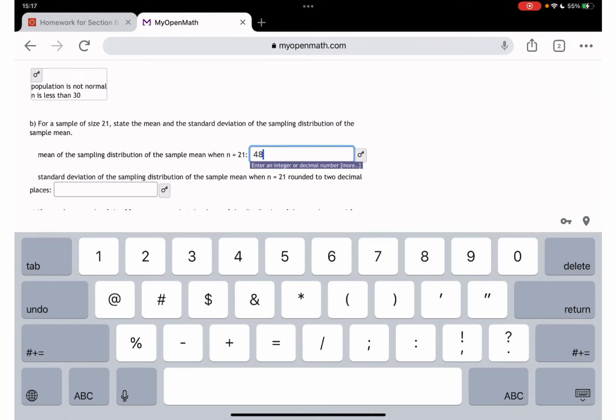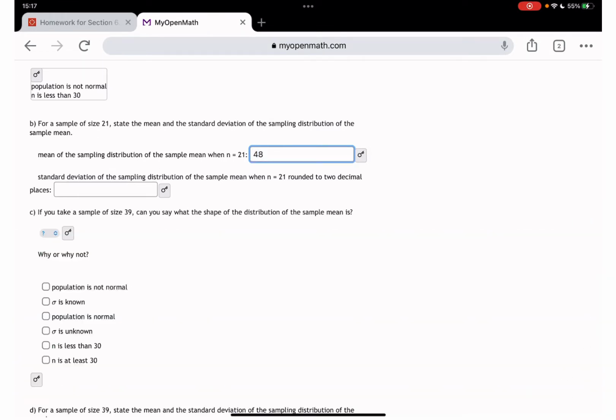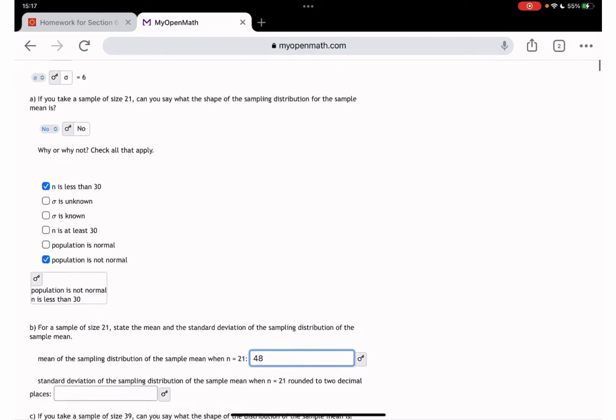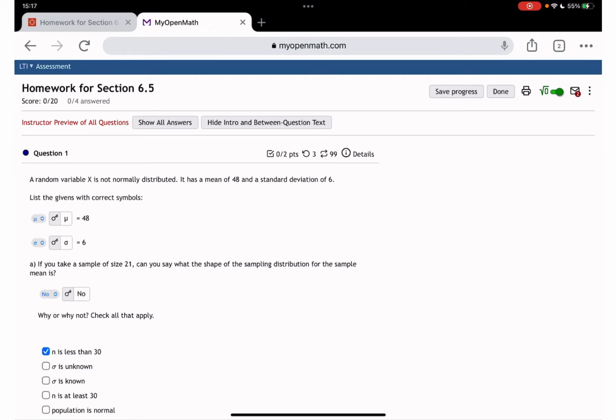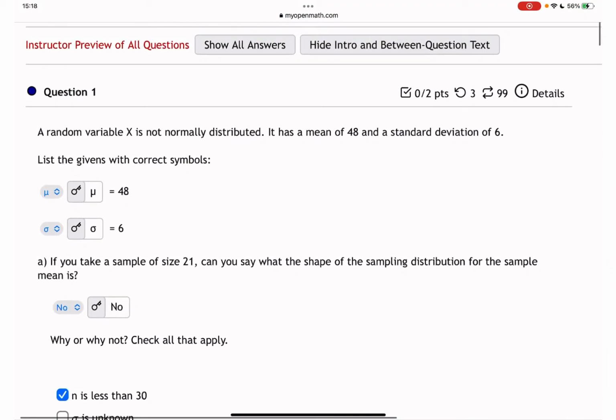Writing down from the beginning of the problem, it is given, right? Now standard deviation is a different story. We are going to find out how much the standard deviation is. Six, see here, in the first question we answered.